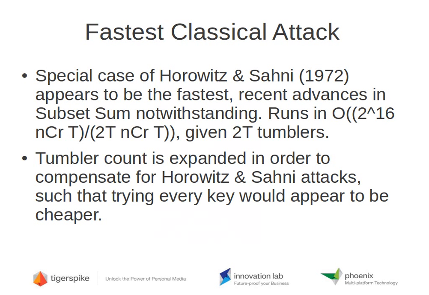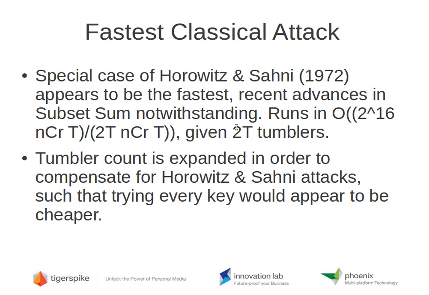So what's the fastest classical attack on this system that we can find? As far as we know, it's a special case of the Horowitz and Sahni subset sum algorithm, which was produced in 1972. This is despite recent advances in subset sum. There have been some significant advances in special cases that don't appear to apply to Karacell.